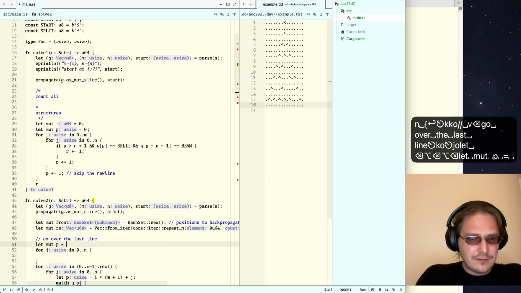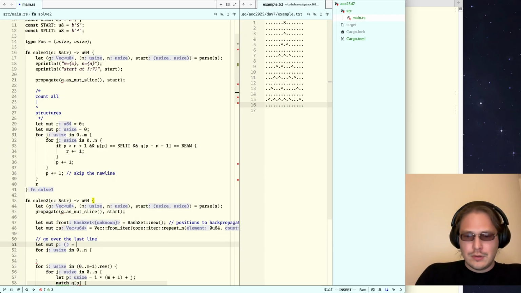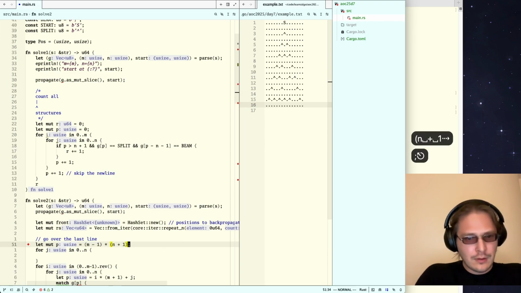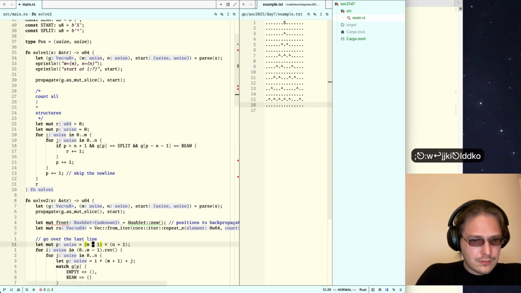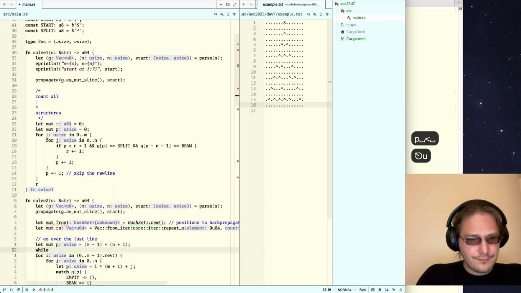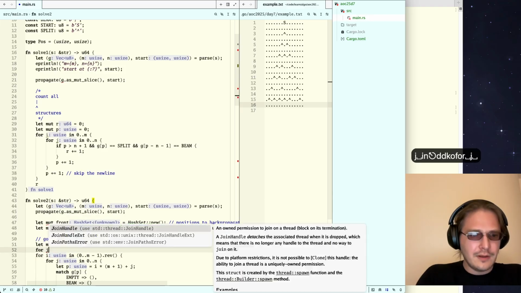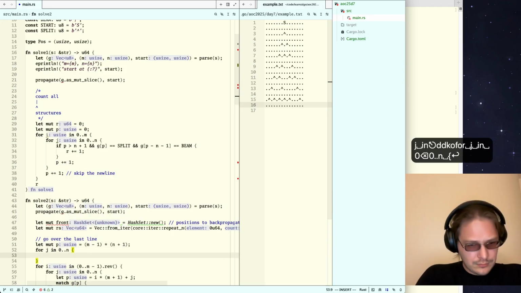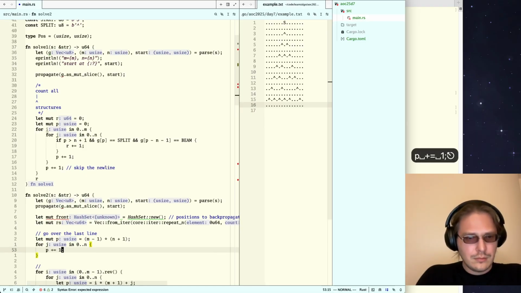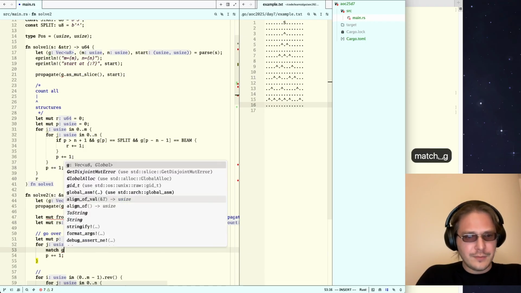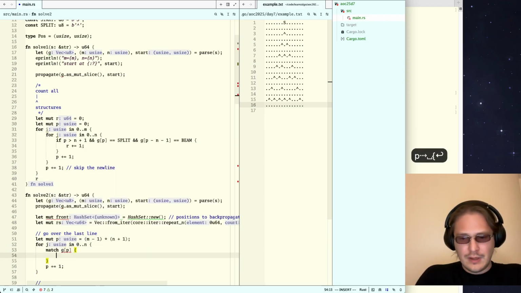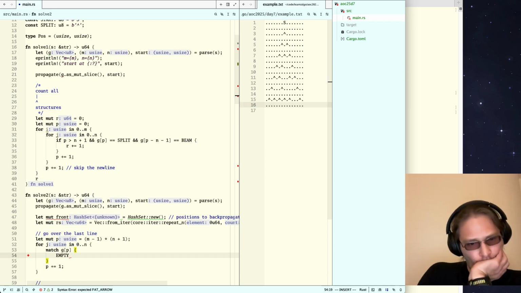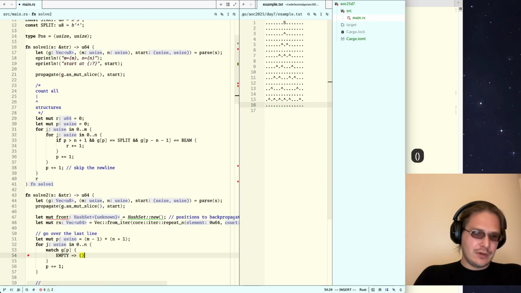Let's say let mid p is equal to m minus 1 multiplied by n plus 1, and while p, let's not overcomplicate that, in 0 to n, so now let's match g at p with, if it's empty, then do nothing.